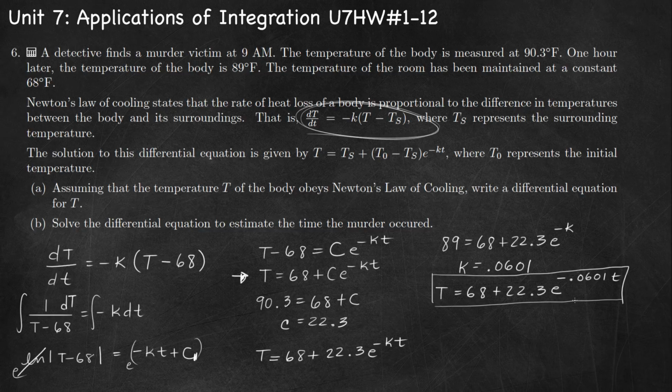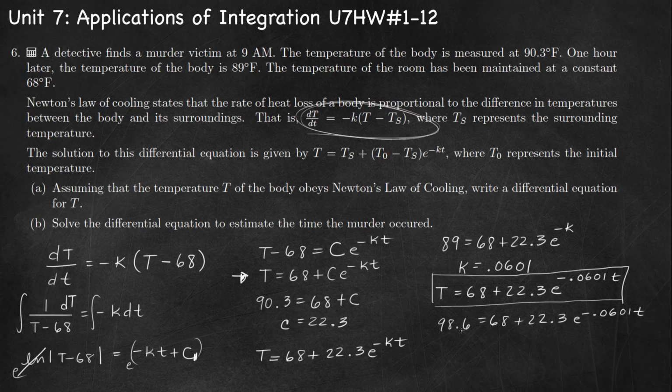Now, assuming that a person's normal body temperature is 98.6, we can figure out what time it was when the temperature was 98.6. So we'll do 98.6 equals 68 plus 22.3 e to the negative 0.0601 t and solve for t.